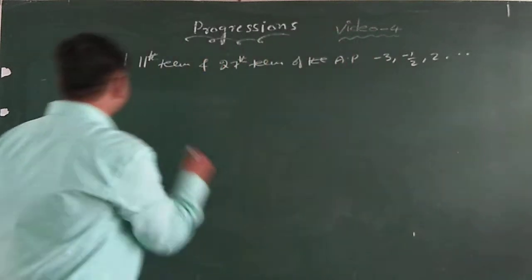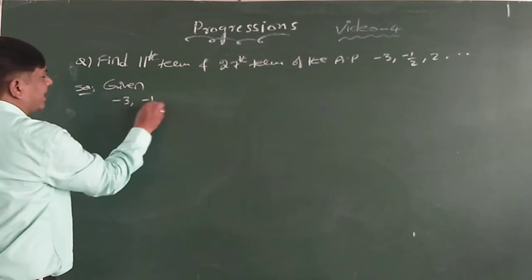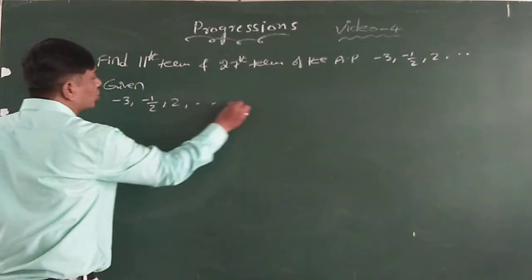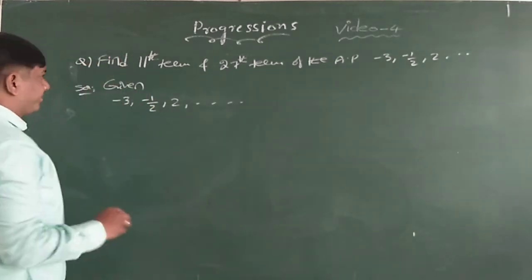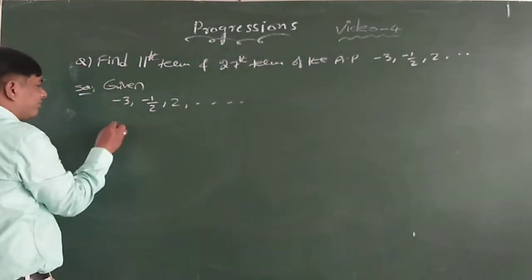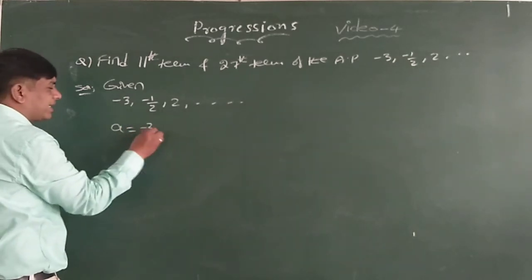Given AP is minus 3, minus 1 by 2, 2 and so on. This is the given sequence AP. Now from this, first find out the common difference and first term. First term A is equal to minus 3.